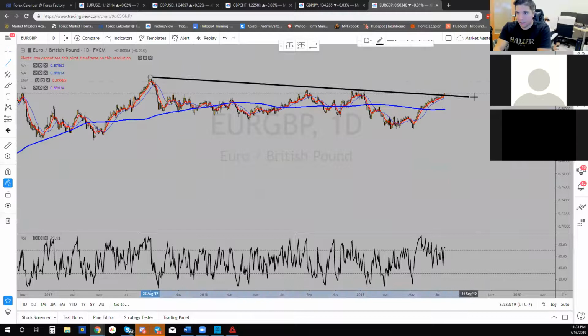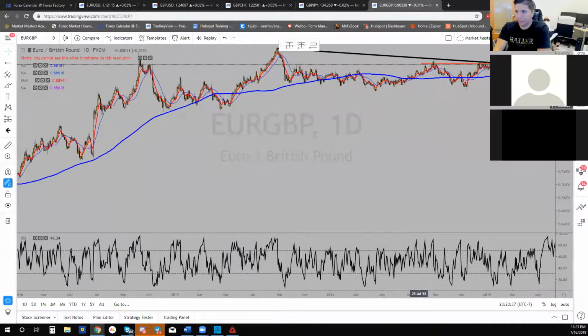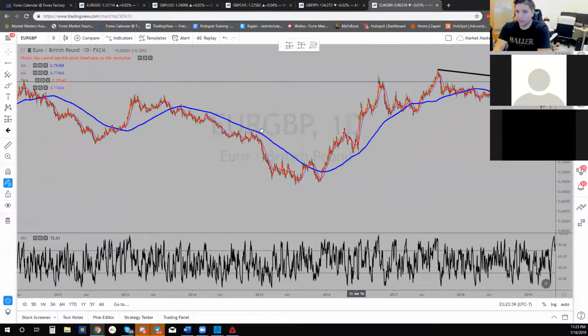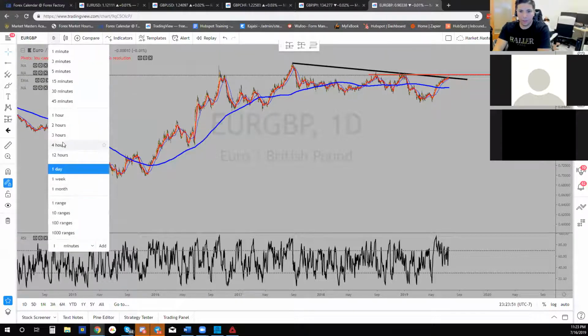This being a resistance line right here. And this is another good thing to spot out with Euro GBP. It's at that resistance area where it should be expecting to drop down very soon. Let me spot out another thing here. Okay, let me go on to the 4 hour time frame.